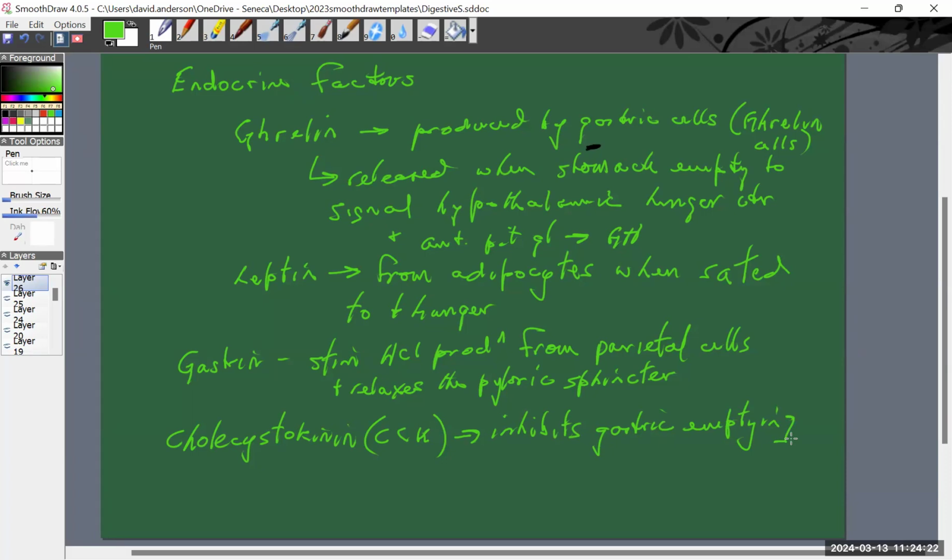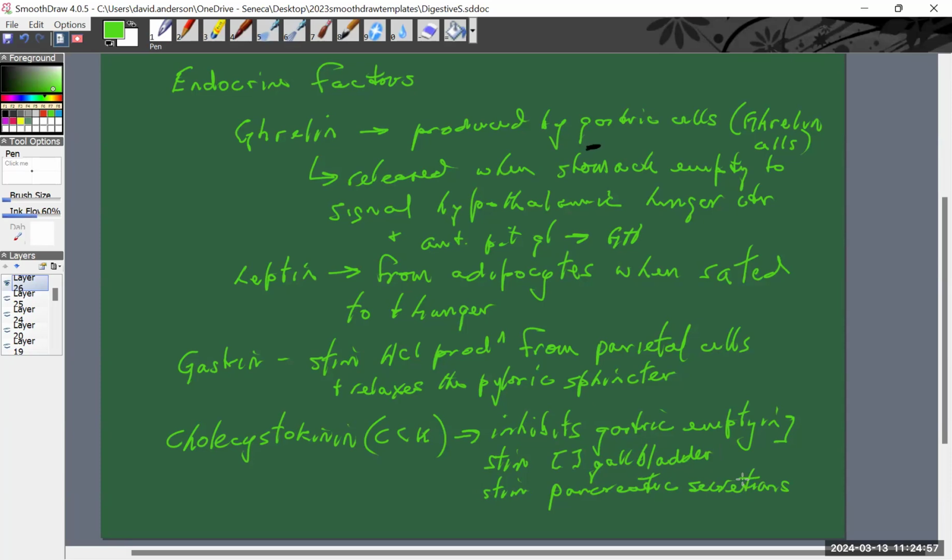So those two are going to work as homeostasis on stomach emptying. So we also know, because we talked about it already, that it stimulates contraction of the gallbladder so that we're going to deliver bile. It stimulates pancreatic secretions.